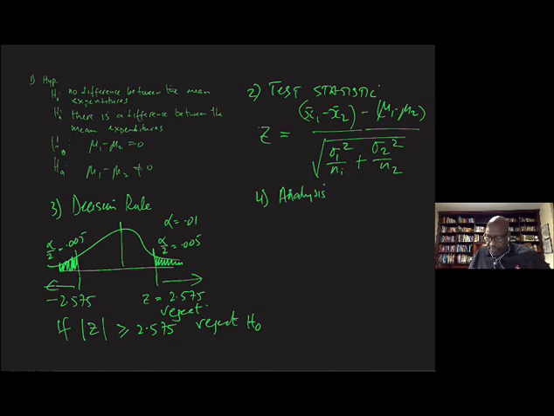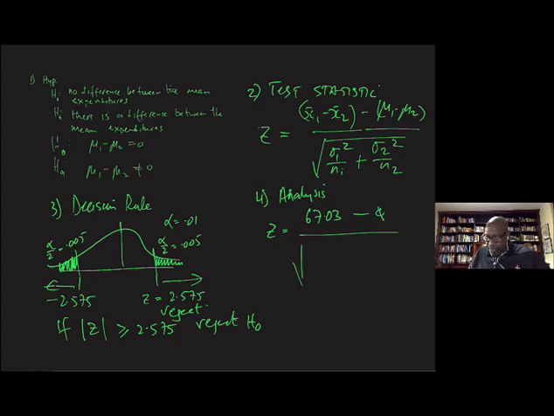Step 4, our analysis. Let's find our z value. It would be x bar 1 minus x bar 2, which we've already calculated to be 67.03 in the last problem. From the null hypothesis, mu1 minus mu2 is 0.